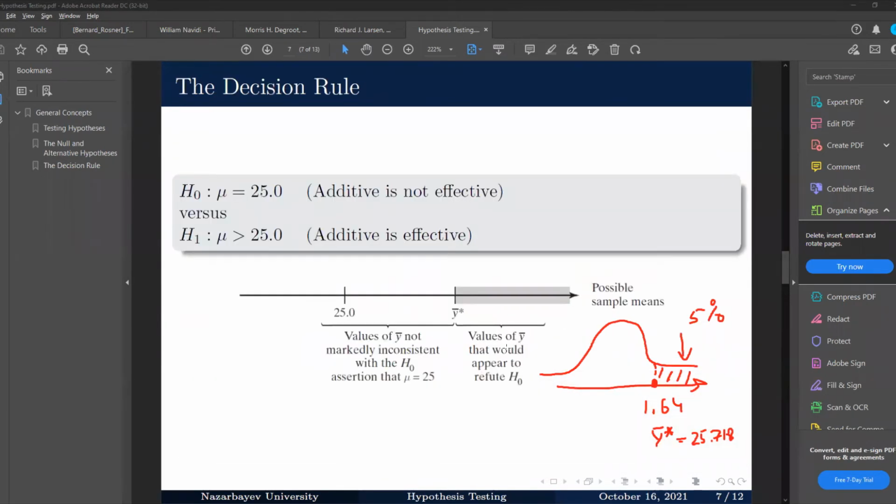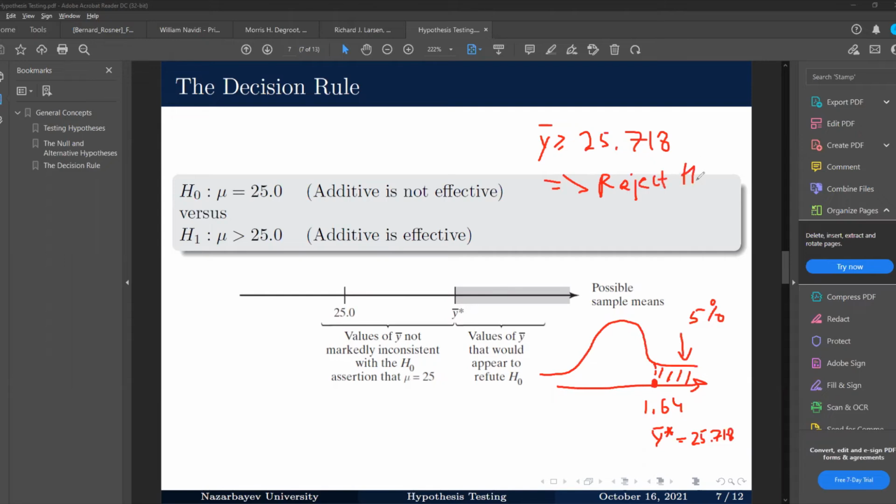Okay, so now our company's rule for deciding whether a fuel additive is effective or not is completely set. If y bar, the mean gas mileage of the sample of cars that we are testing, is greater than 25.718, then we need to reject H naught.